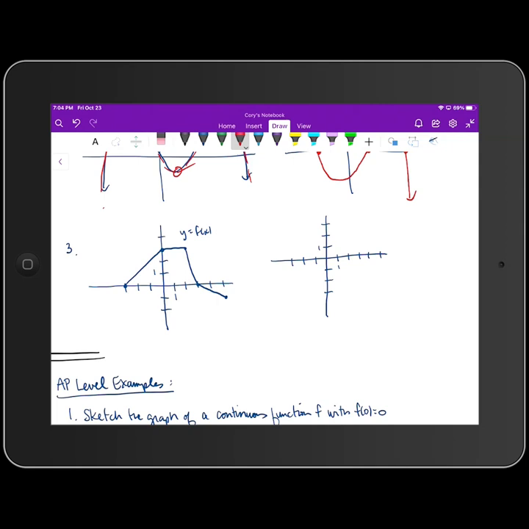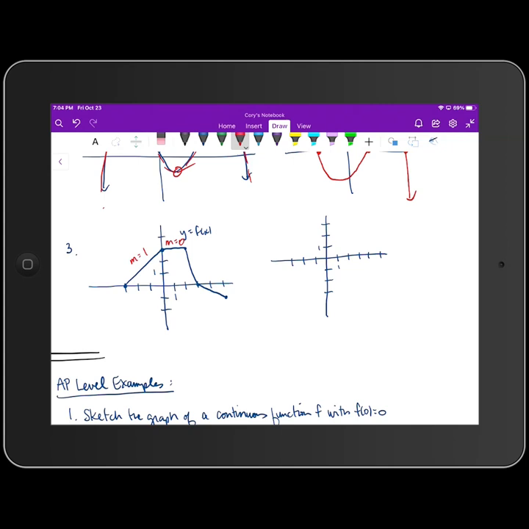When we look at the slope of the first segment, to get in between those 2 points, we've risen 3 units and run positive 3 units. So 3 divided by 3 makes that slope 1. The second segment, we've risen 0 and we've run 2, so that has a slope of 0.